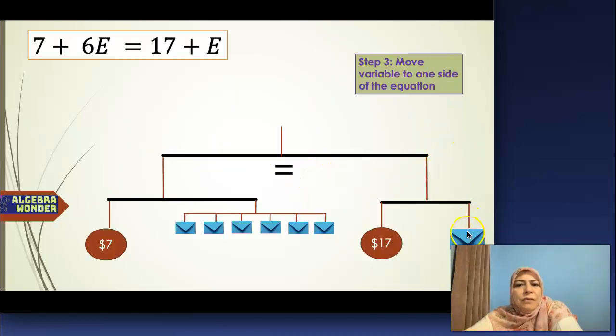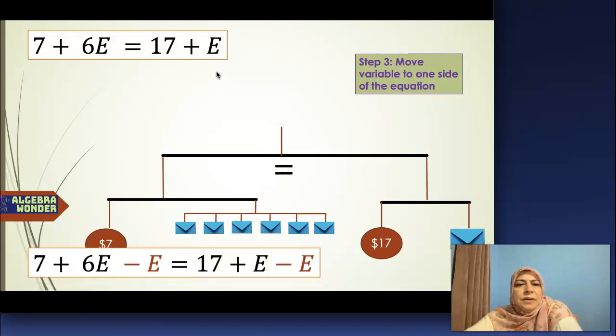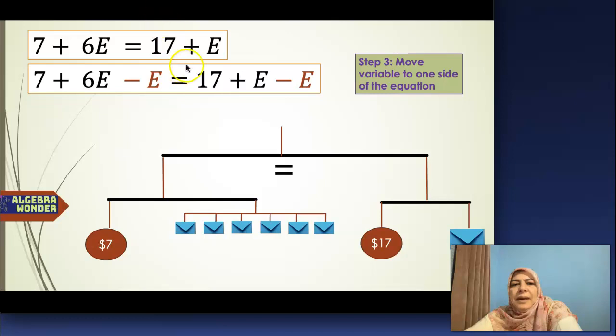What happens if we eliminate one of these envelopes? We call this in math moving the variable to one side. How do you eliminate an envelope? I'm going to use the inverse property of addition, which means adding the opposite of it.